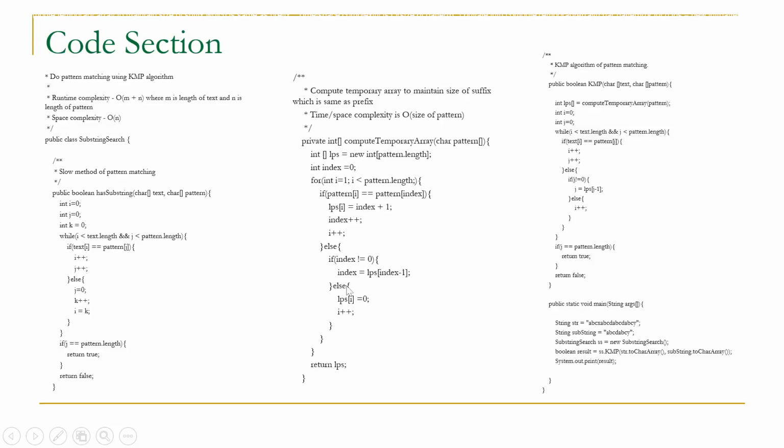This code has three parts, and we can make this very easily. This is the string, and this is the substring to match, to check whether this string exists or not. You can check this.